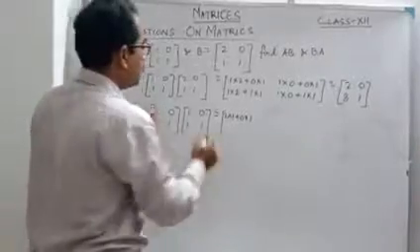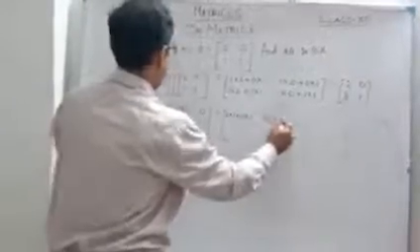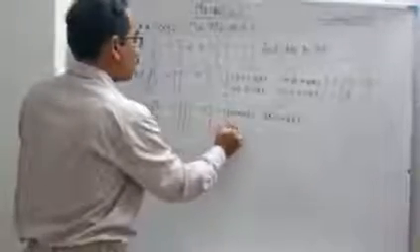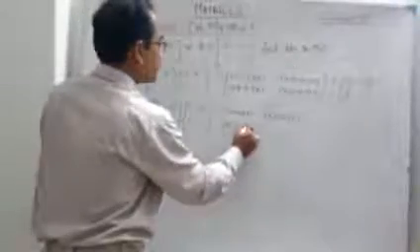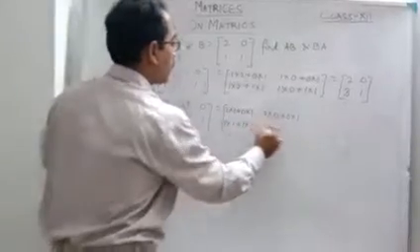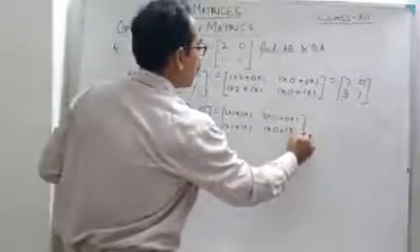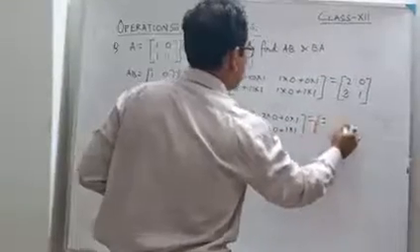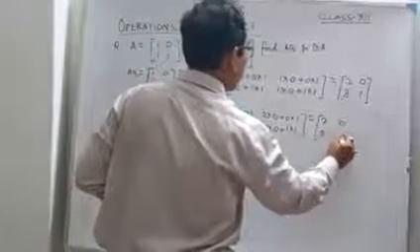Again 2 into 0, second column you are taking, plus 0 into 1. Now second row, first column: 1 into 1 plus 1 into 1. Then 1 into 0 plus 1 into 1. So what we are getting ultimately: here 2, here 0, here 2, here 1.